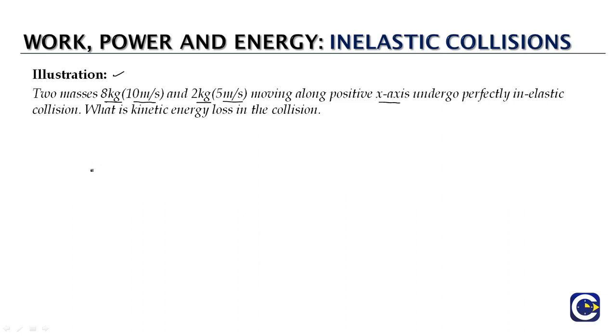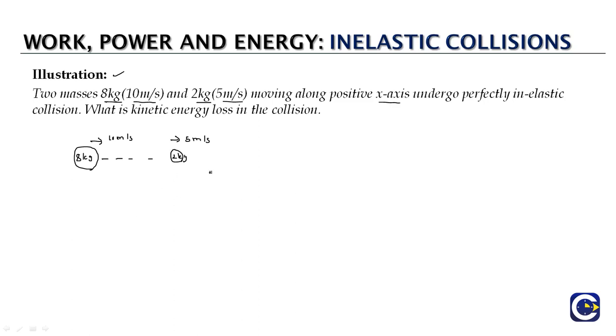So what we need to look at is, 8 kg moving with a velocity of 10 meters per second towards the positive x-axis, and the next object is 2 kg which is also moving along the positive x-axis with 5 meters per second.